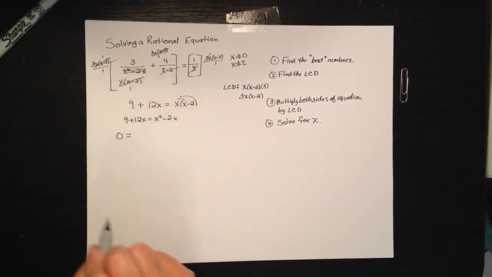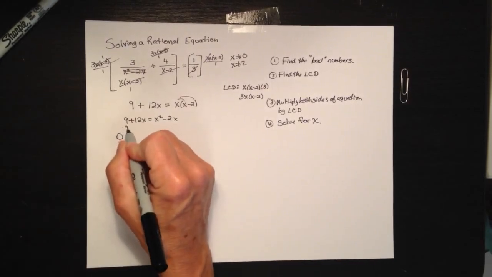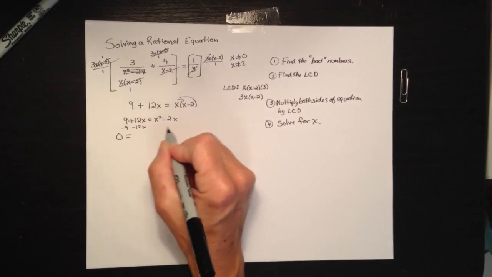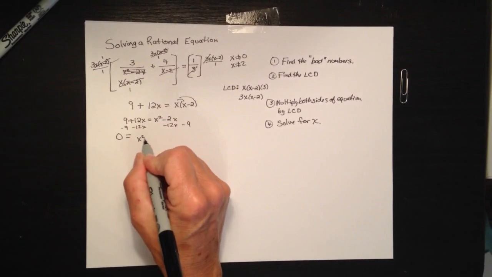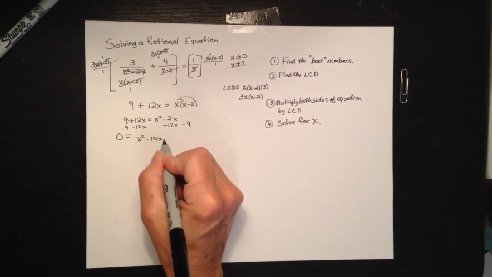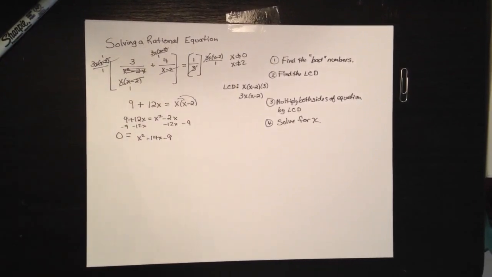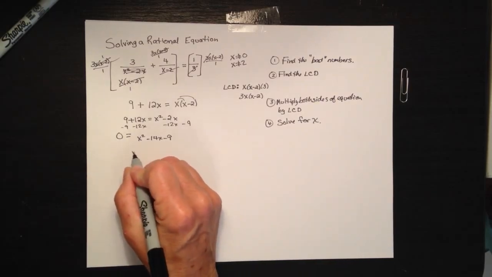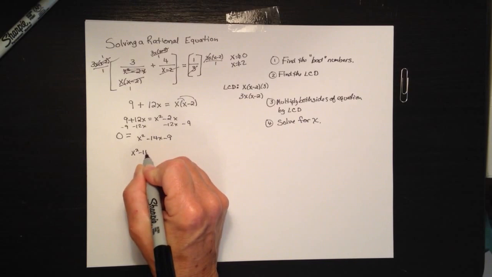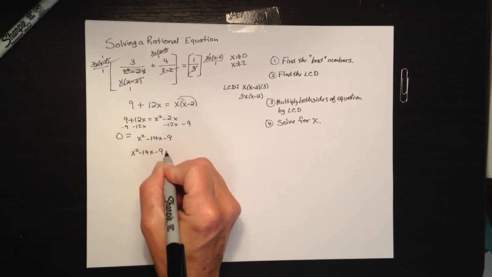So I'm going to move the 9 and the 12x by subtracting 9 and subtracting 12x. That gives me x squared minus 14x minus 9. And I'm thinking of the factors of 9: 9 and 1, 3 and 3. And I don't think that this is factorable.